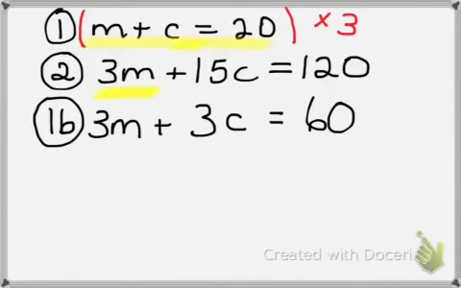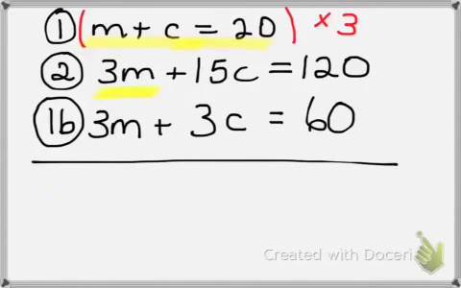Now we have our two equations we can eliminate. And are we going to subtract or add the equations? Right. We're going to subtract. How come? Well, we see in front of the 3's here are really these little invisible addition signs, positive signs.